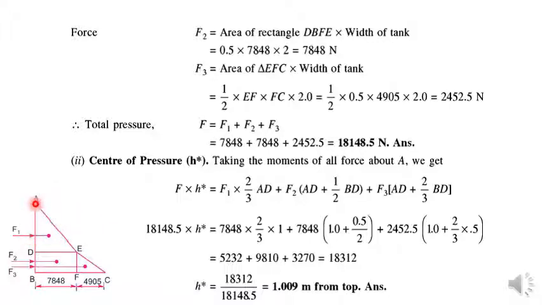So for the respective reference point, you need to write in your answer from where you are considering the moment arms. Those moment arms should be the same for the resultant force and for the components of the resultant force. Then you are going to have a consistent answer that is going to give you finally the center of pressure for the whole pressure diagram and for this one system. It comes out to be 1.009 meter from the top.